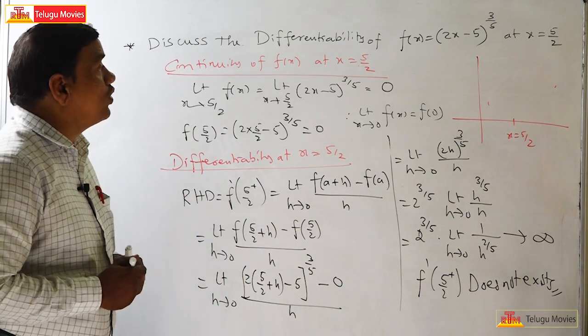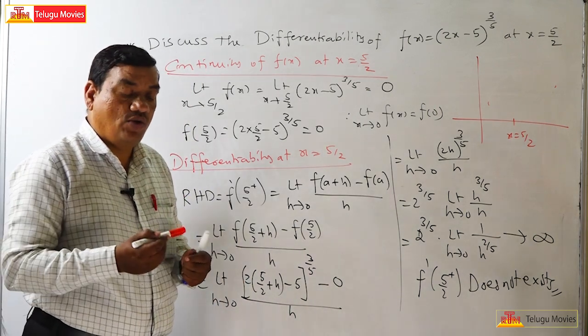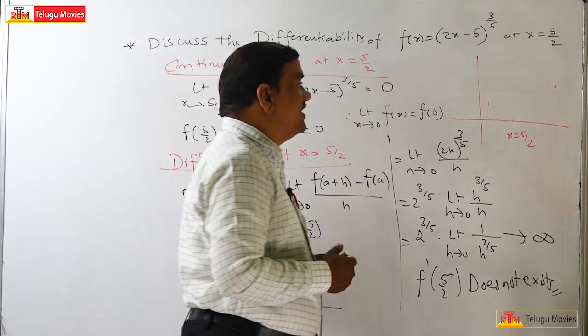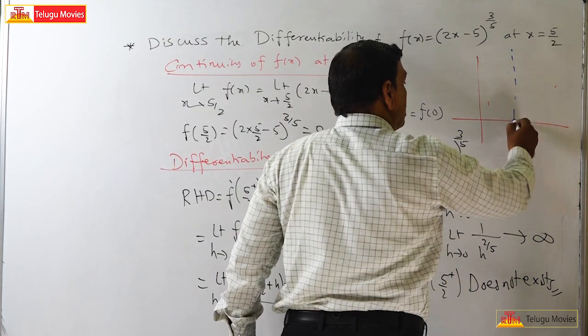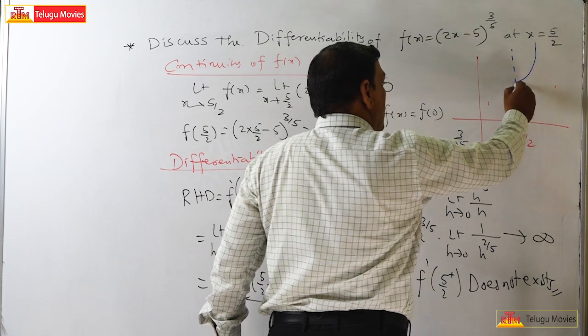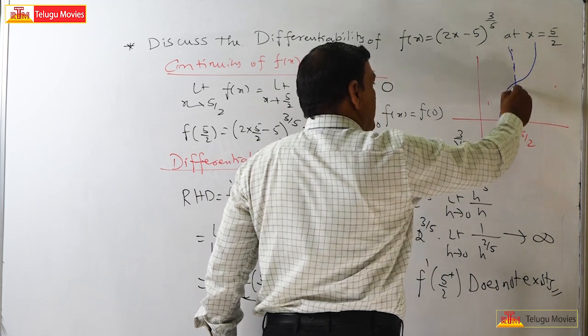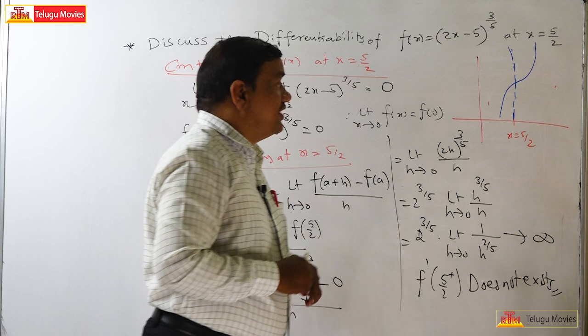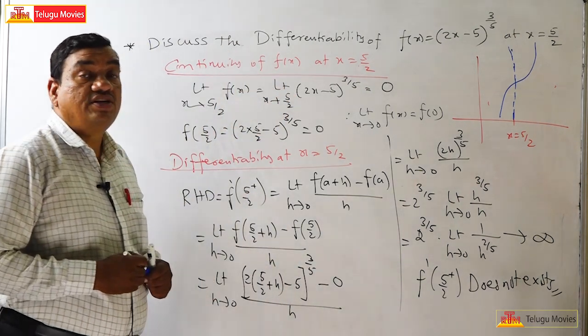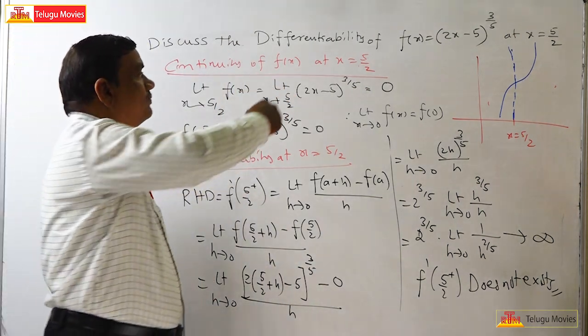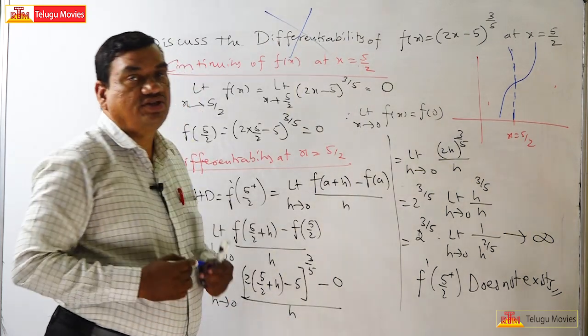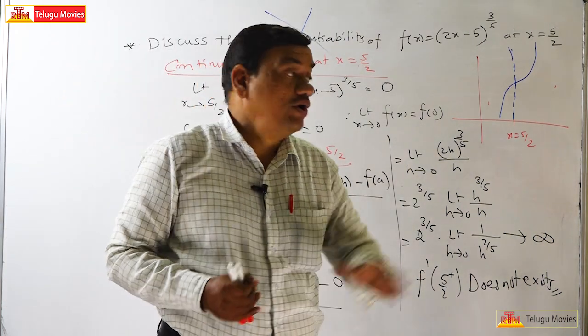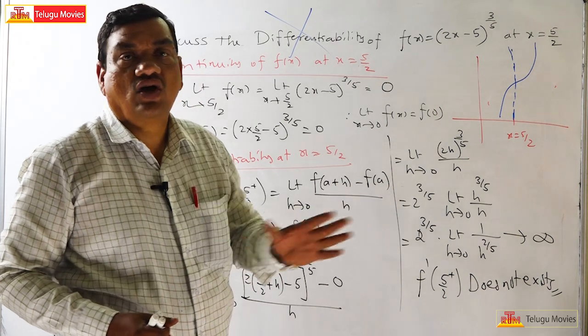At x is equal to 5 by 2, this curve has a vertical tangent. This is the graph of the curve, and this is the vertical tangent we have. Therefore, the function is not differentiable at x is equal to 5 by 2. It will have a vertical tangent, not another tangent.